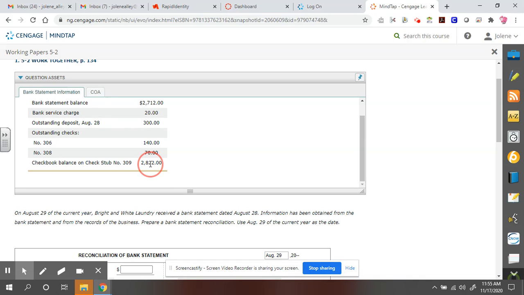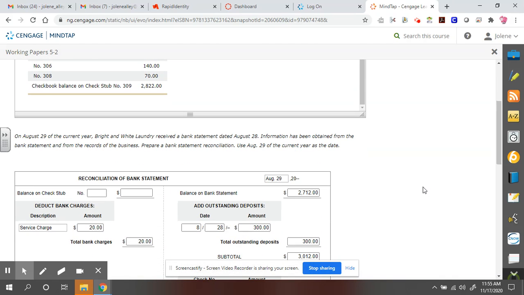Now, right here, it says that the checkbook balance on check stub 309 was 2822. So I'm going to plug in here 309 check stub, and here 2822. That's what it tells me there.